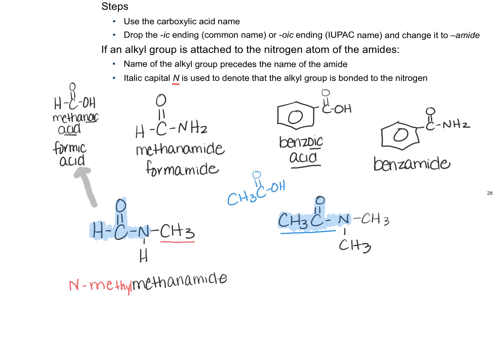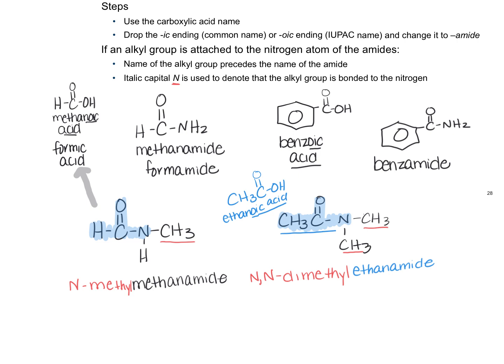If we were to name that, we'd name it ethanoic acid. So I'm going to drop that oic acid there, and I am going to name this as ethanamide. But I also now need to name these two groups here. Because there are two groups, you put the N twice. And so it would be N,N-dimethyl ethanamide. And so that's how we would name that particular amide.